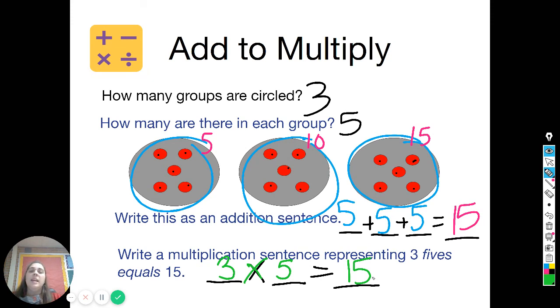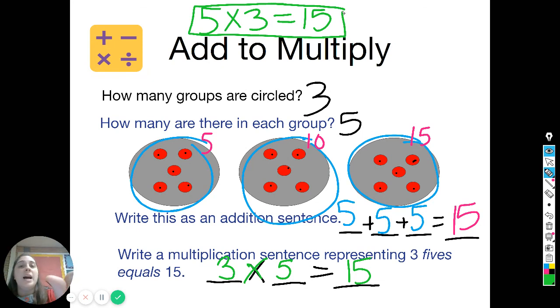Okay? Now, some of you might have put 5 times 3 equals 15. 5 times 3 does equal 15, but this is not correct for our picture because we do not have 5 groups of 3. We have 3 groups of 5.